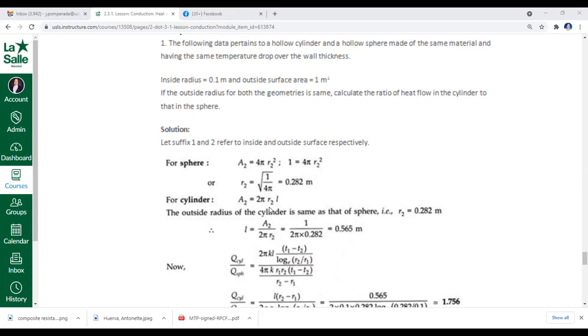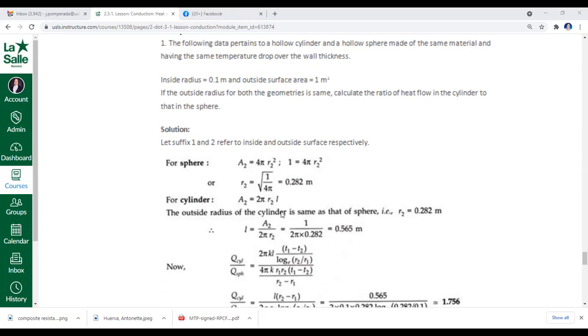Since you already know the outer radius of your sphere, you substitute it in the formula for the surface area of your cylinder, which now has the length that we need, so that we can substitute everything in the formula below. For the surface area of the cylinder, you have 2 pi rL. We substitute this same radius, r sub 2, from the sphere to the cylinder because they're the same.